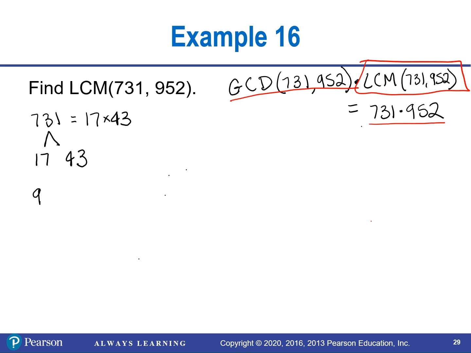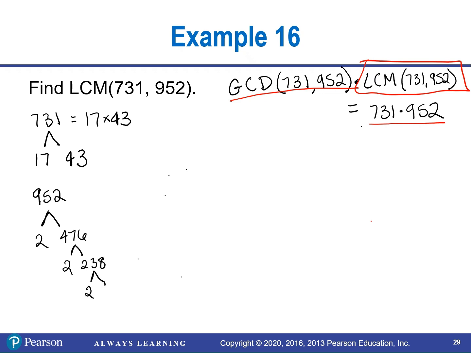And then for 952, I can first divide by 2, because I know that that number is even. So it's 2 and 476. I'll divide by 2 again. 2 and 238.